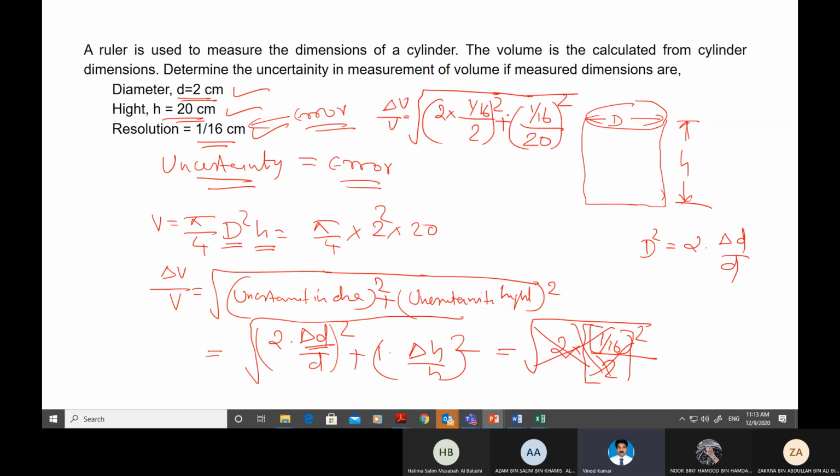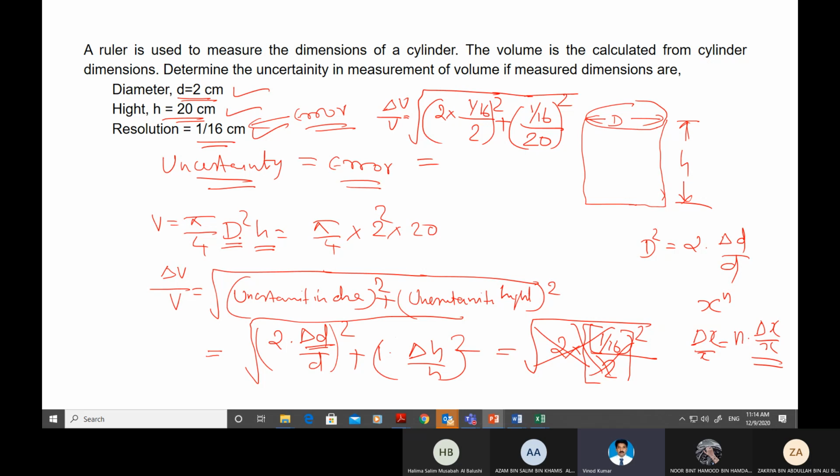Any doubt in calculating the volume ratio? Doctor, why do we multiply it by 2 in the diameter? This is the equation. See, whenever you have a parameter x raised to n, and you are finding delta x by x, the uncertainty, it has to be n times delta x by x.